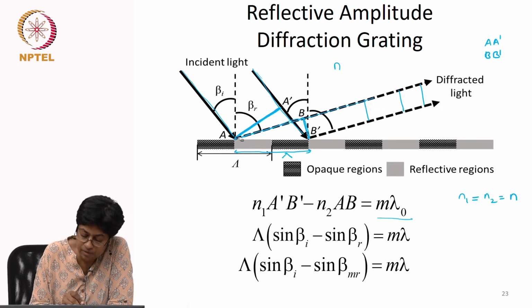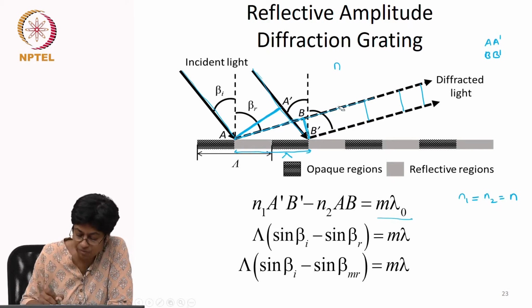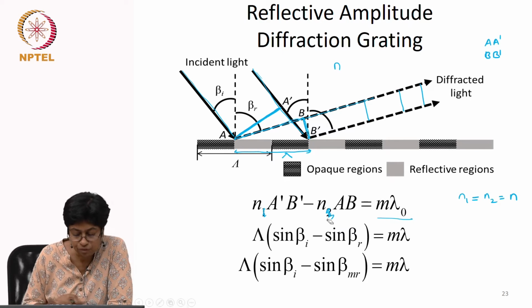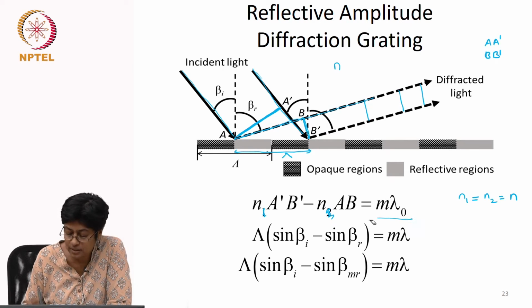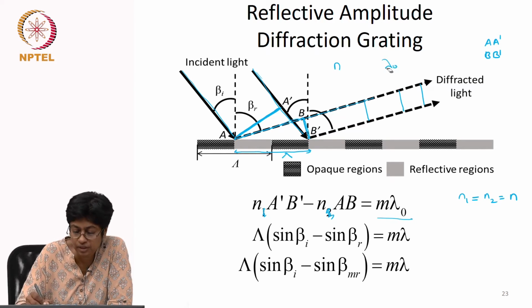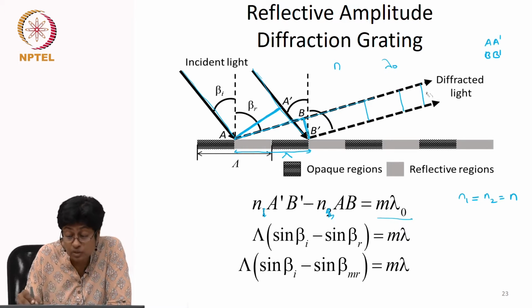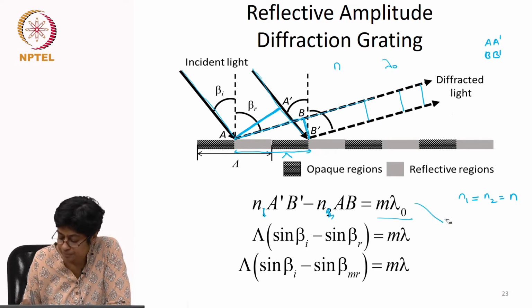This one has traveled A to B in the same refractive index, so these are both N. And if the difference in these path lengths is a multiple of lambda in this region, then I will have constructive interference.